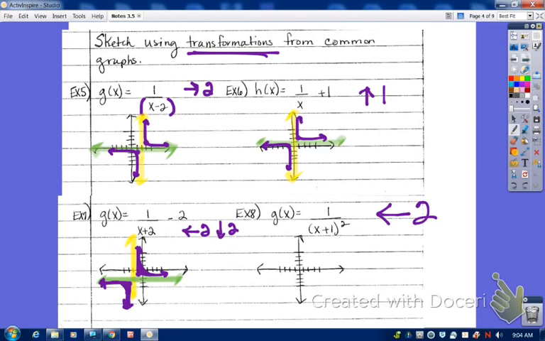What asymptote moves if we go to the left 1? The vertical one's going to move. So our vertical asymptote will move to the left 1. Our horizontal asymptote does not move unless we go up or down.